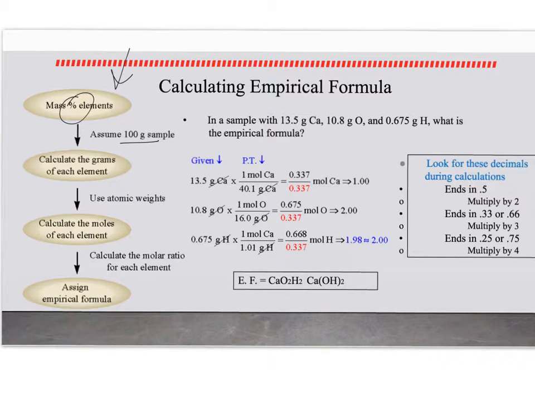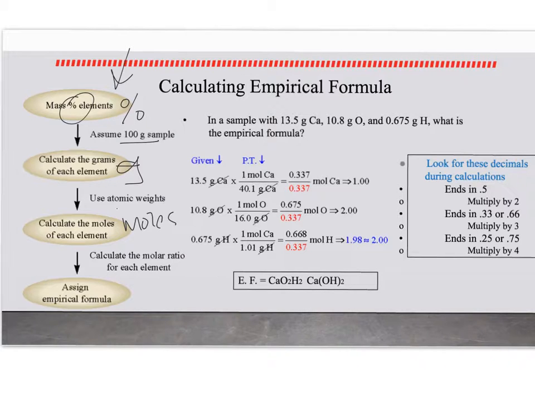All of the percentages should add up to 100. If we already have the grams of each element, we will then use the atomic weights to convert to moles. So we'll go from grams to moles, and then from there we'll divide to find the lowest mole to mole ratio of all of the elements. So we can either start with percentage and get down to the moles, or we can start with grams.